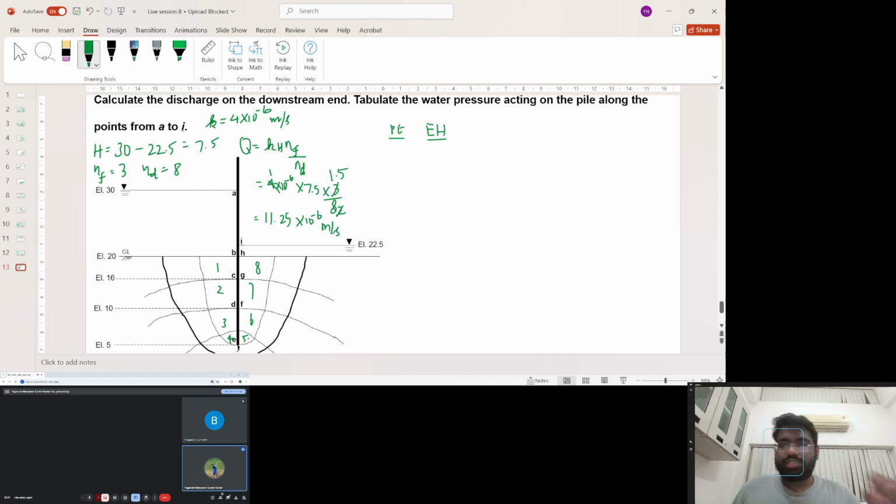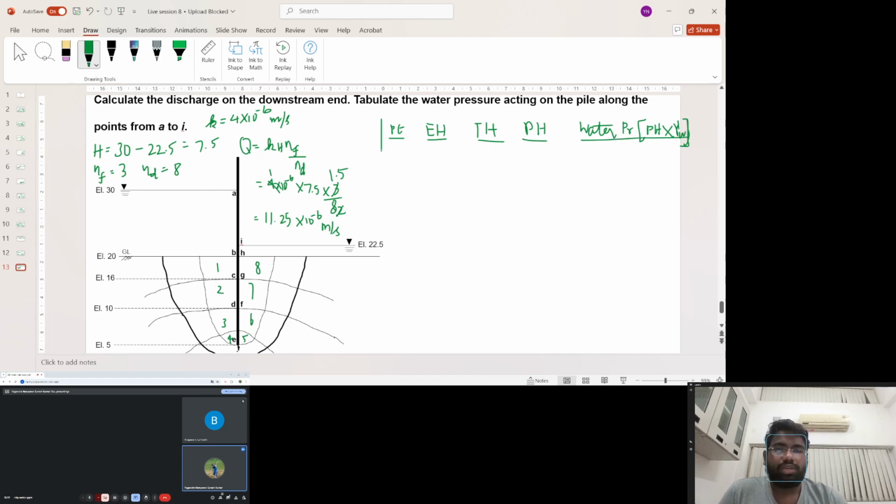Earlier it was a single direction flow. So hence it has been easier for us. Now it is two-dimensional flow. For that we can see how flow net is used here. So this is elevation head and this is total head and this is pressure head and this is water pressure. Water pressure is defined as pressure head into gamma W. So gamma W can be taken as 10 kilonewton per meter cube.